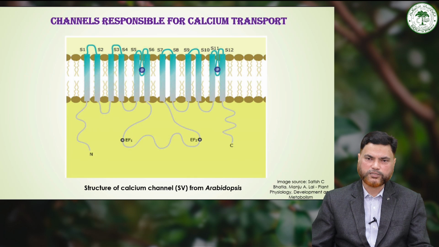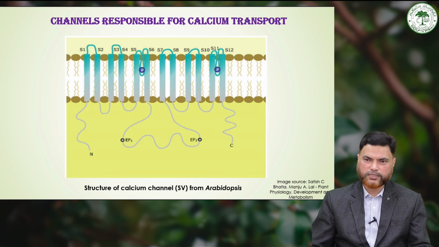You see that generally the concentration of calcium in the cytoplasm is very low, approximately 10 to the power minus 7 M, whereas the concentration of calcium in soil or apoplast and vacuoles generally ranges from 0.1 to 1 millimolar. So you see how the concentration of calcium varies in the cytosol and in vacuoles and soil.